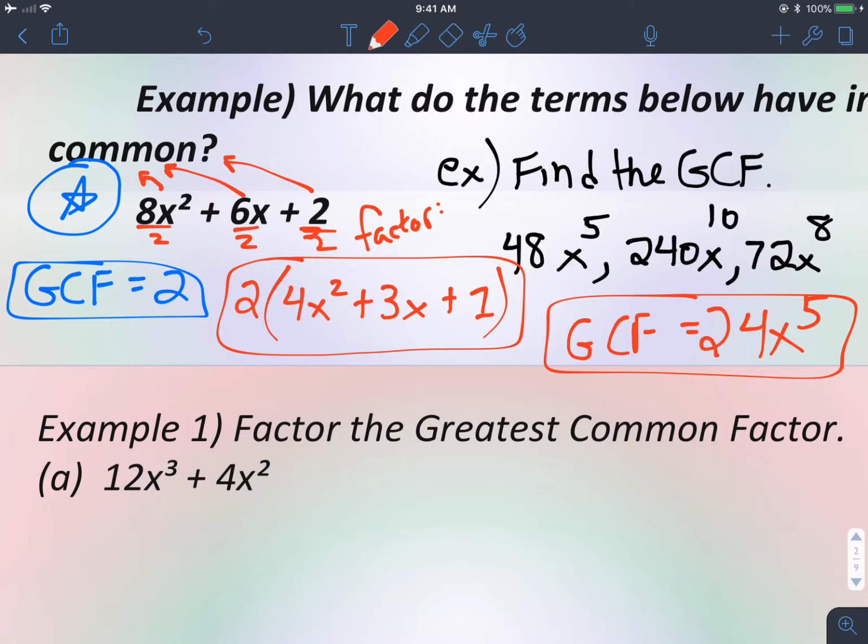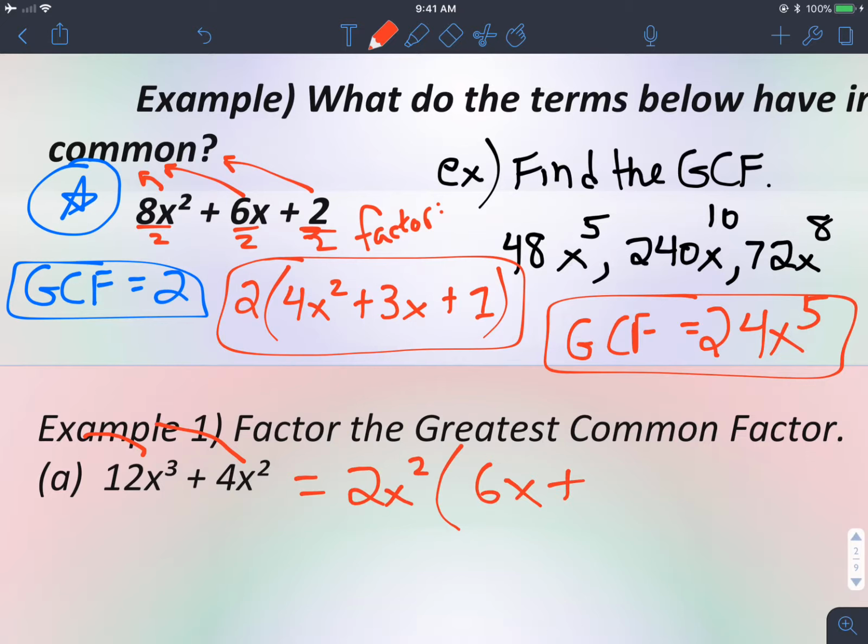Now, let's say you decided to pull out a 2x squared out of it. If I wrote 2x squared, parentheses, if I'm pulling out x squared from x to the 3rd, that means there's 1 left over. And then 12 divided by 2 is 6.